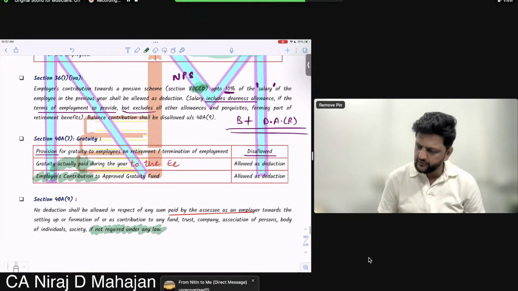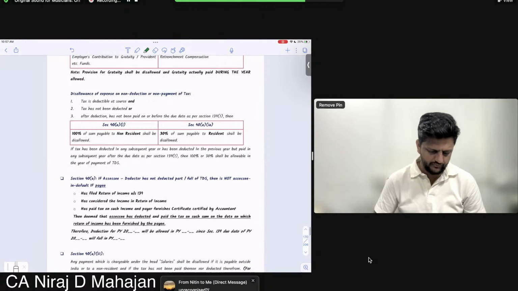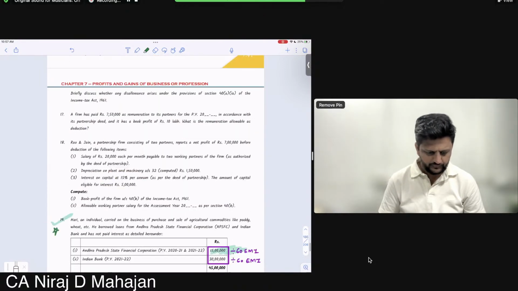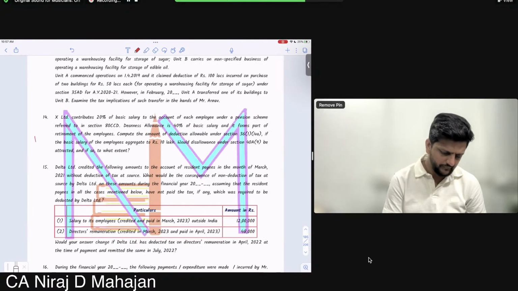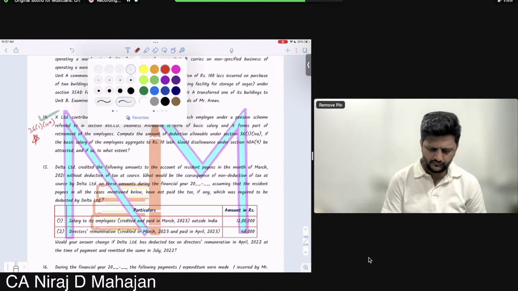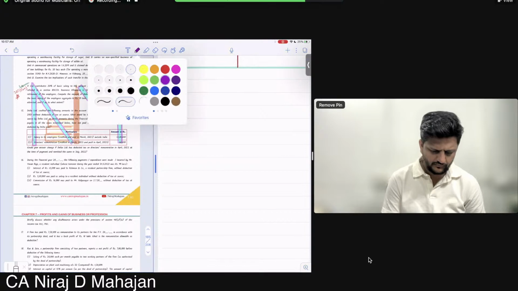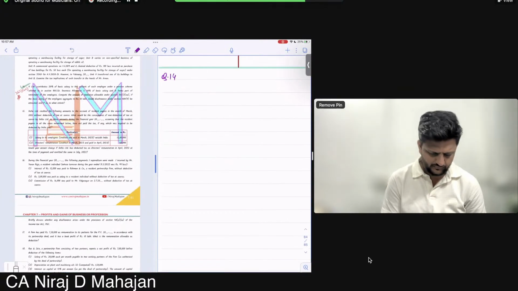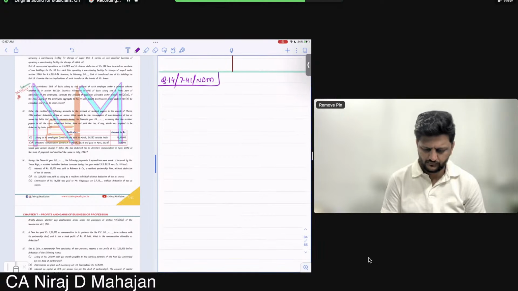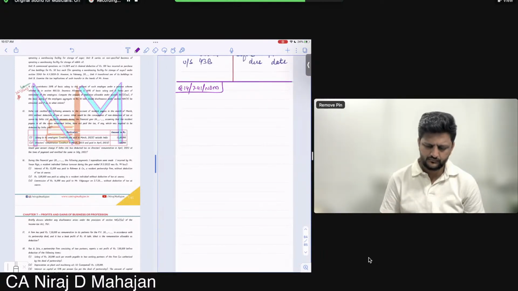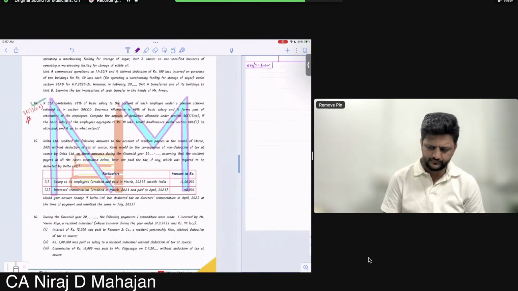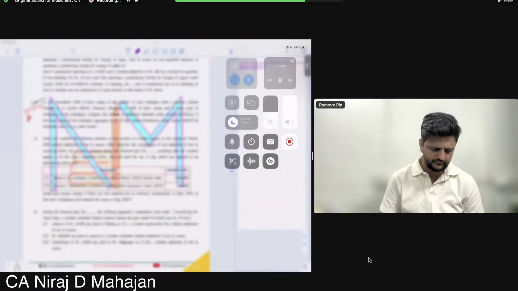So 36(1)(iva). Keep a pencil or pen over here and come to question number 14.1.4. Star mark. Ready?